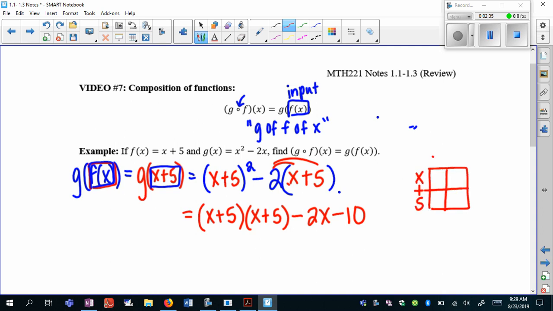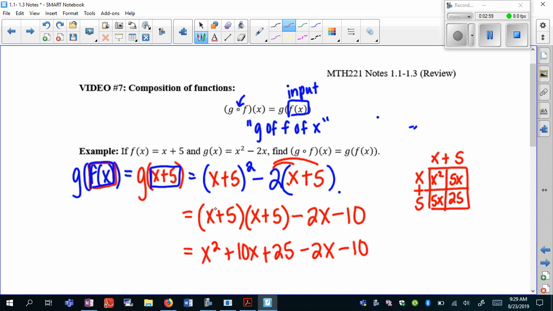You'll get good at just being able to multiply these without needing to use a grid. But if I use a grid, it would be x squared, and then this would be 5x. 5 times x is 5x. 5 times 5 is 25. So this ends up giving me x squared plus 10x plus 25 minus 2x minus 10.